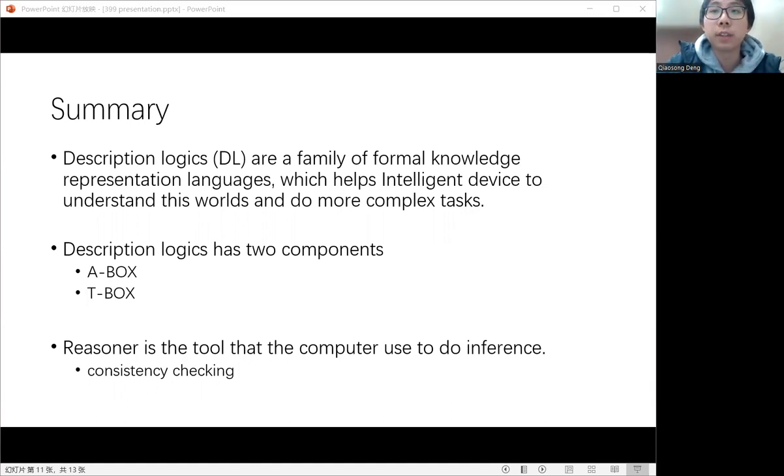The T-box gives rules of this world. There are many symbols and terms you need to know to construct your knowledge representation, and you can check more details online if you want. A reasoner is the tool that the computer uses to do inference based on the A-box and T-box, and it can also perform consistency checking of your A-box and T-box.